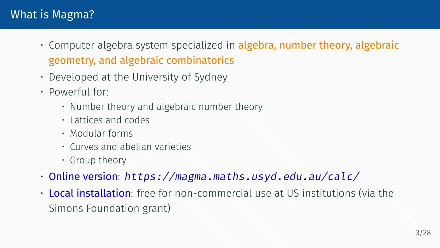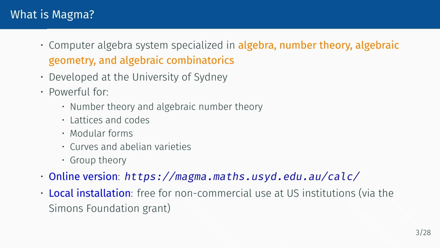So what is Magma? Magma is a computer algebra system. There are several of those. Some of you may be familiar with others, like Sage or PariGP. And Magma is specialized in algebra, number theory, algebraic geometry, and algebraic combinatorics. It's being developed at the University of Sydney.